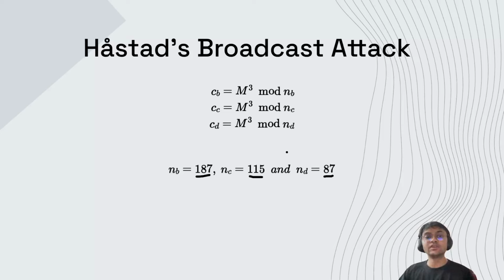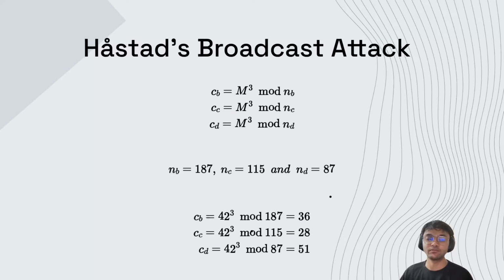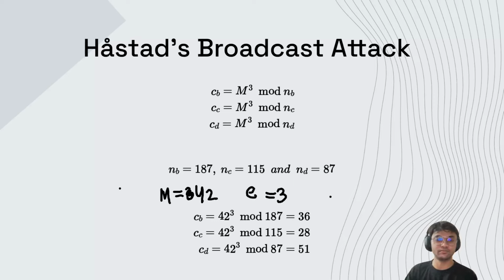At this point, let's compute the ciphertext that Alice calculates for each of these recipients. Alice chooses M to be 42, and the public exponent is 3. This is in Alice's part.